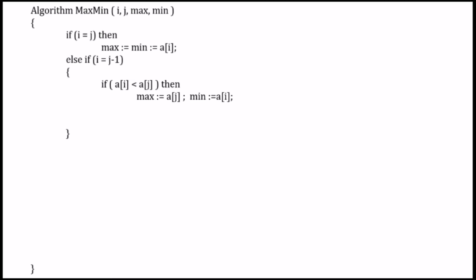Suppose this condition is false, that means the first element is larger and the second element is smaller. So else, we will initialize the value of the first element to max and the second value to the min variable.